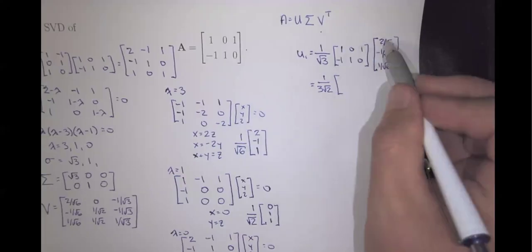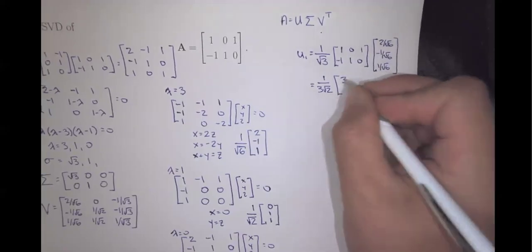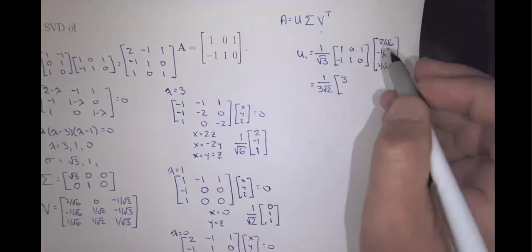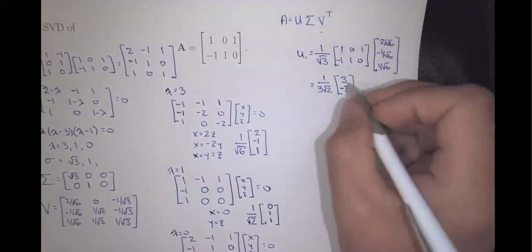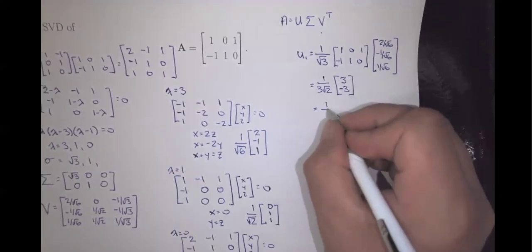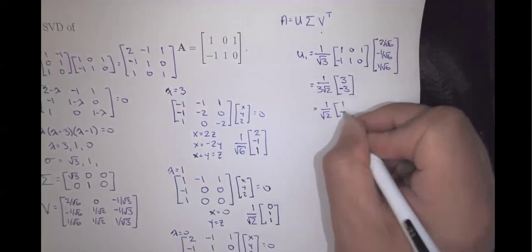I've got 2 and 1 is 3. Then I've got negative 2, negative 3 here. And very convenient, the 3's are going to cancel. So 1 over root 2 times 1, negative 1.